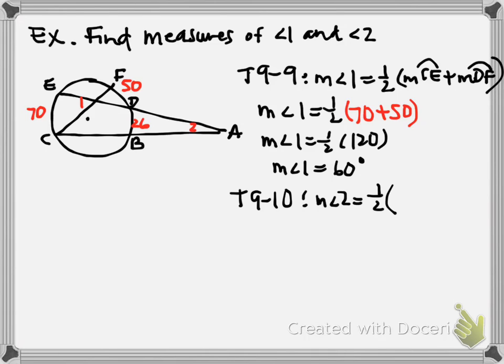So I have to go with the larger arc, which is the one farther away, arc CE, and I'm going to subtract from it the closer arc to that angle 2, which would be the measure of arc BD.